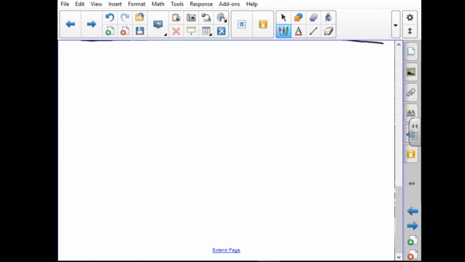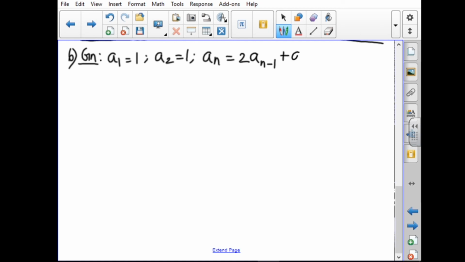Now the sixth sum. In the sixth sum, it is given like this. A1 equal to 1, A2 equal to 1, An equal to 2 times An minus 1 plus An minus 2.